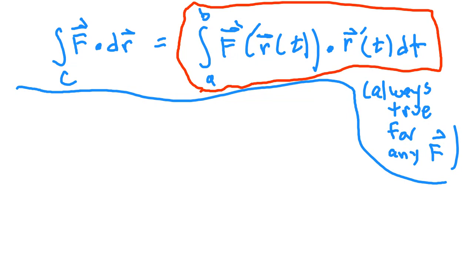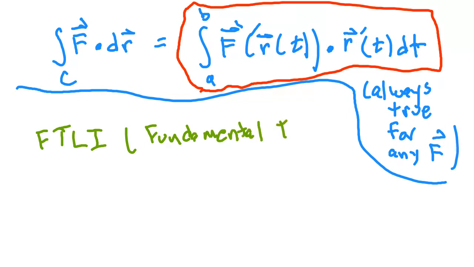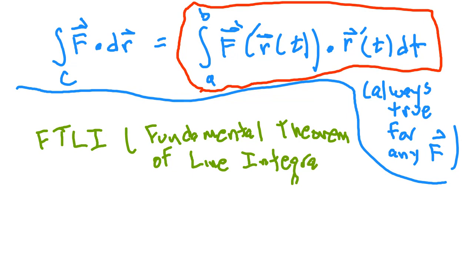Now, what the FTLI says, that again is the fundamental theorem of line integrals, is that if you're going to compute the work, but your vector field F is equal to a gradient field, that's what this means, right? This here is a gradient field.